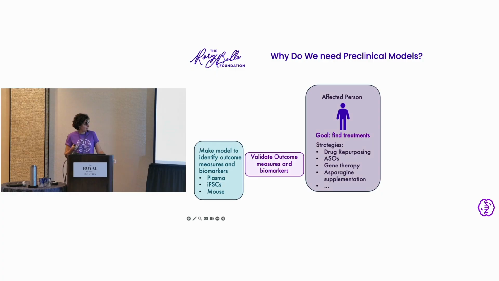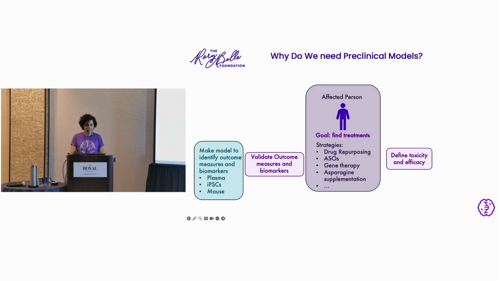So there's something we can look into plasma, iPSCs, which are induced pluripotent stem cells, but basically cells that we can use just out of the body to test for therapeutics, mouse model as well.